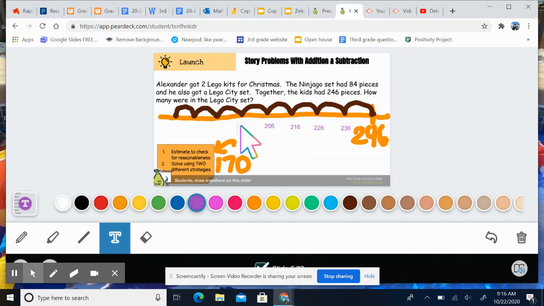Now, there are no more tens to take away, so you have to ungroup your hundreds, and you get 196, 186, 176, 166. Now let's make sure we counted by tens 8 times. 10, 20, 30, 40, 50, 60, 70, 80. Or you could say 1, 2, 3, 4, 5, 6, 7, 8.